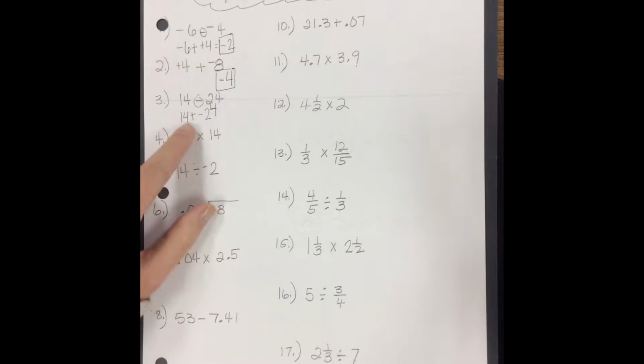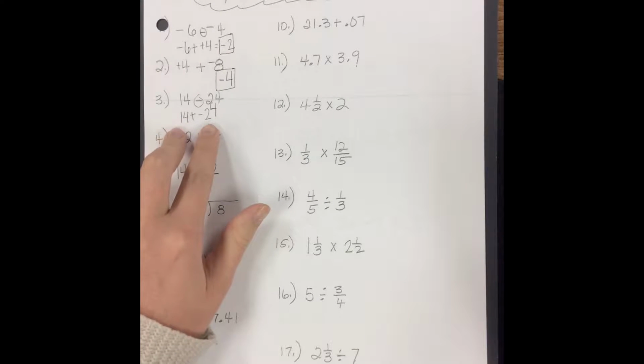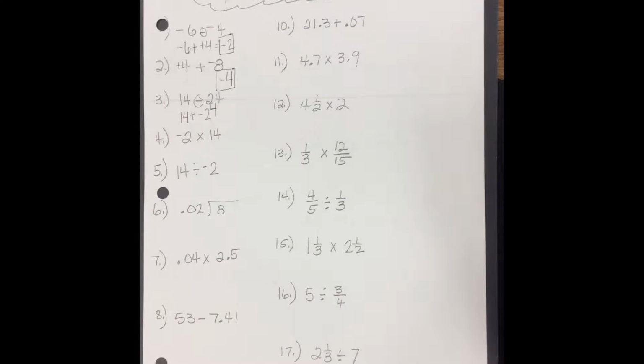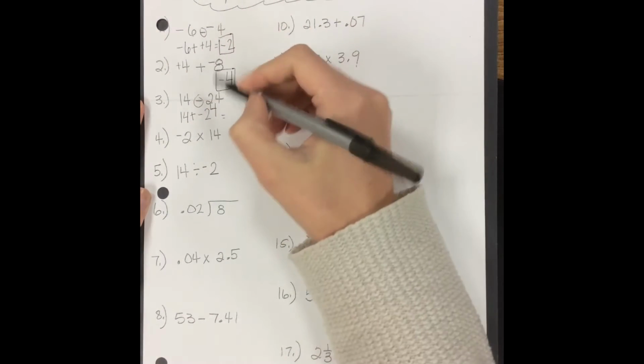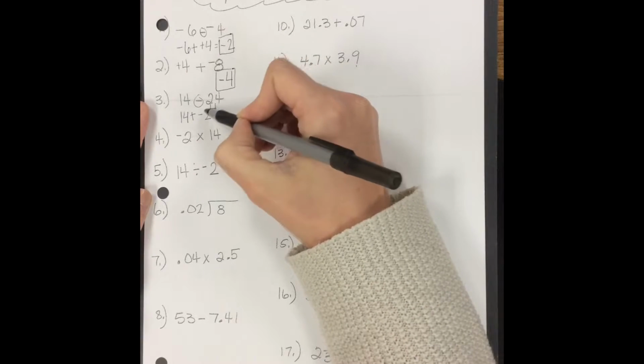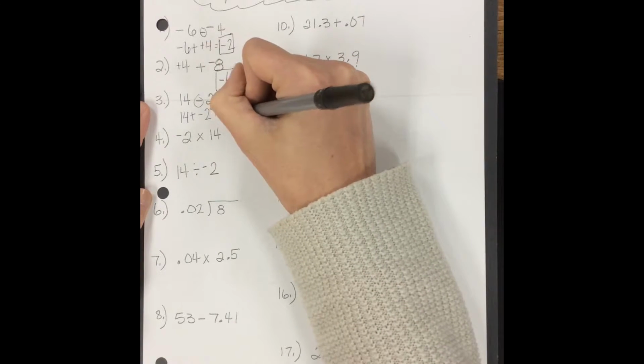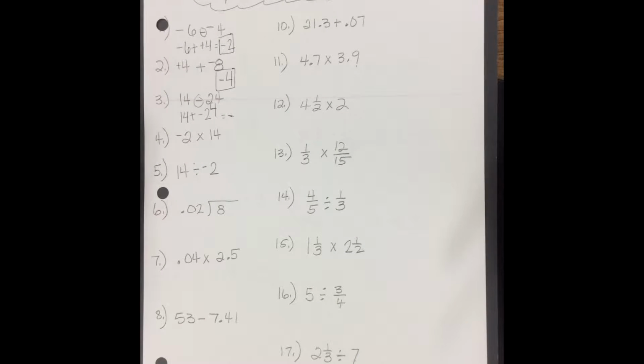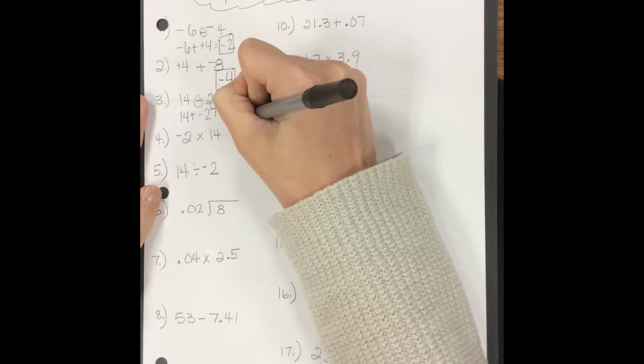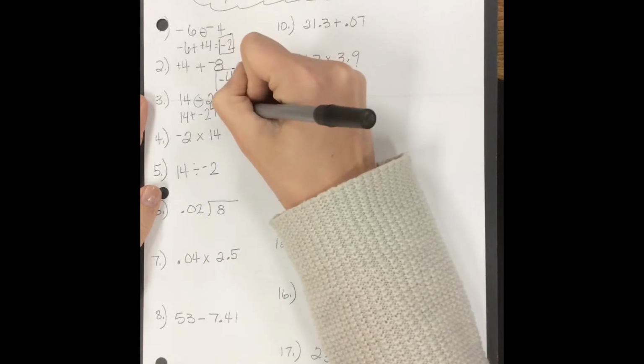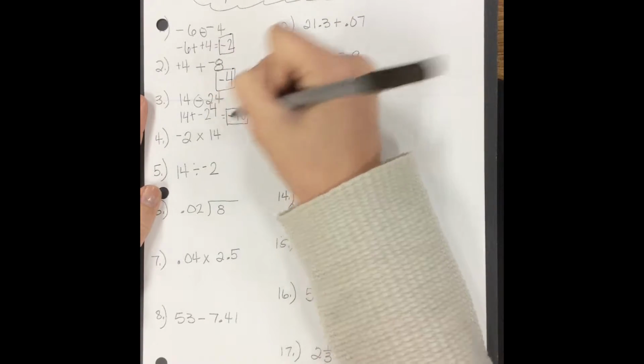Again, we are adding with different signs, which means subtract the numbers and keep the sign of the larger number. The larger number is 24 and it's negative, so our answer will be negative. And 24 minus 14 is 10. So -10 is our answer.